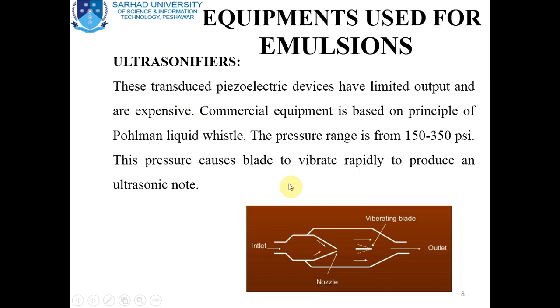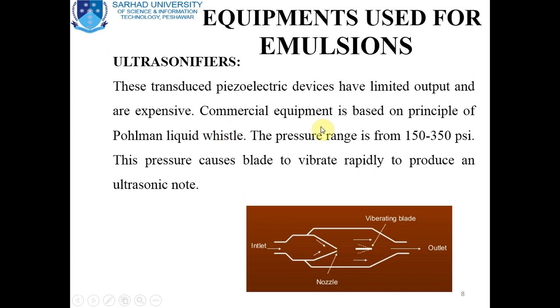Remember that these are transducer piezoelectric devices. Transducer devices are those which convert one form of energy into another form of energy. Electrical energy is converted into ultrasonic energy, producing ultrasonic waves after the vibration of the blades because of the high pressure. The pressure range in this case is 150 to 350 psi.